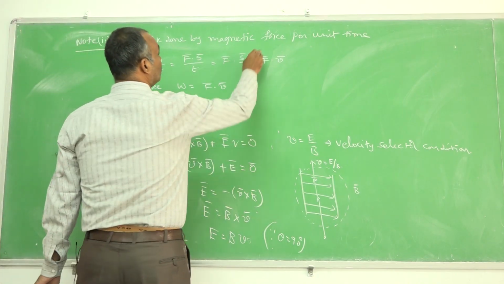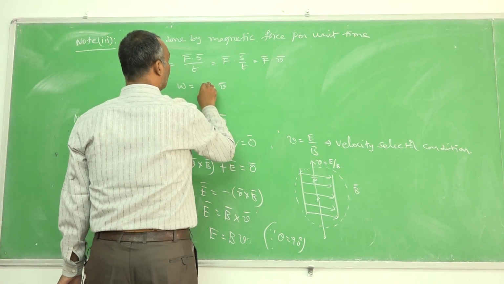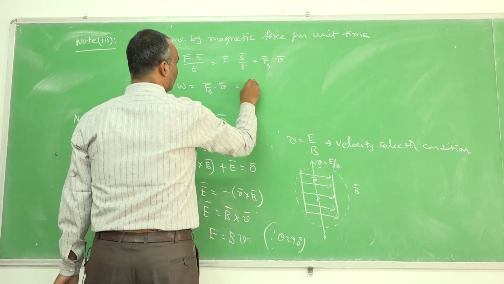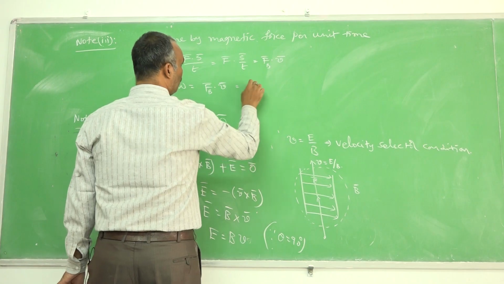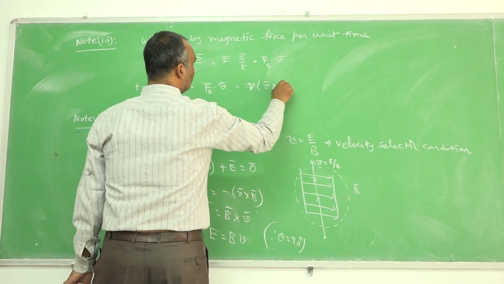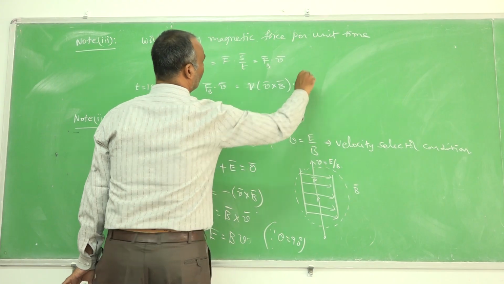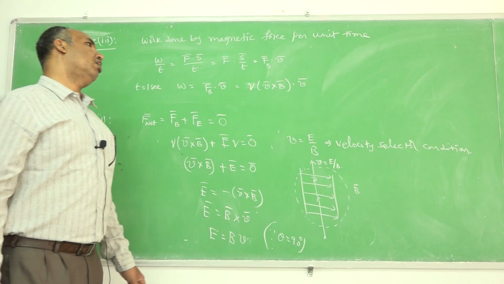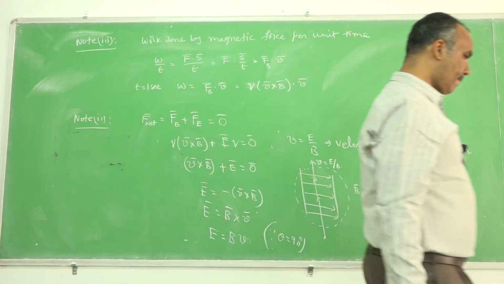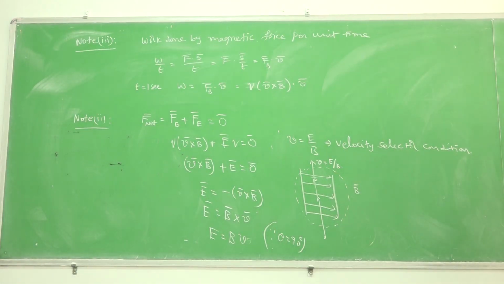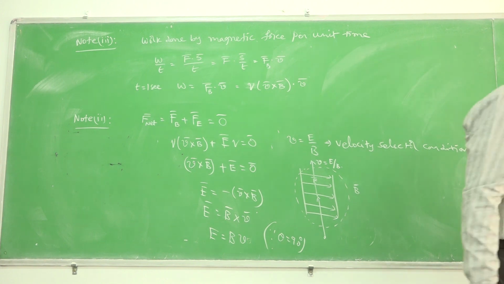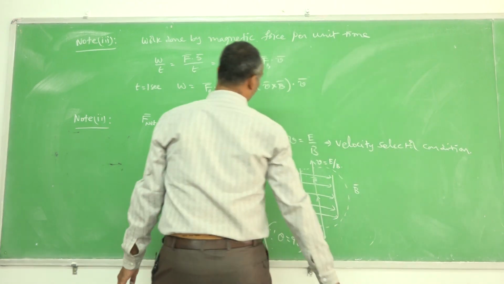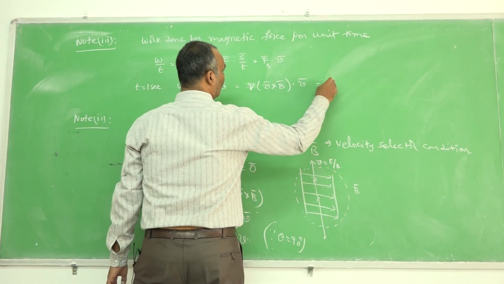F bar means by which force? Work is done by magnetic force. So in the place of F, I should take FB. So that is Q into V bar cross B bar dot V bar. As per the definition of triple product, its value is 0.